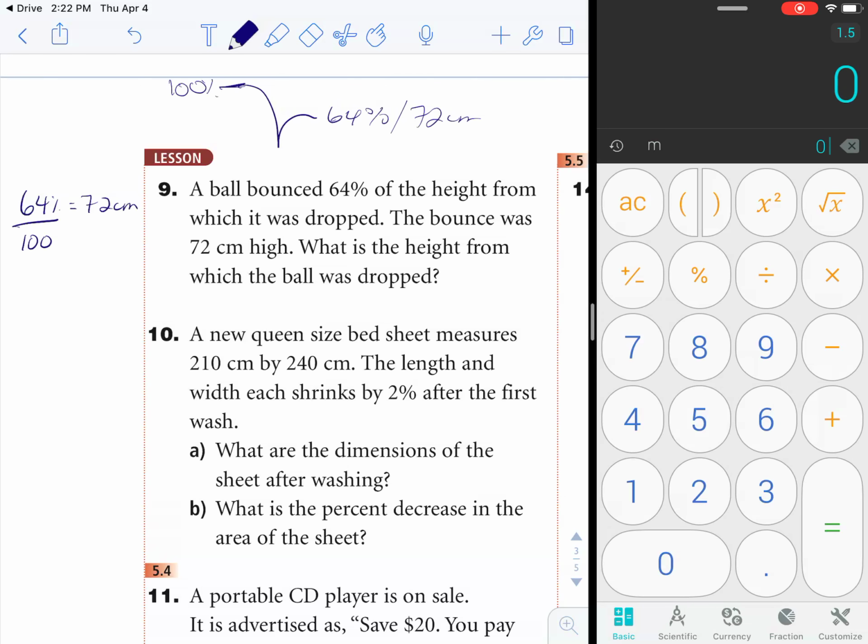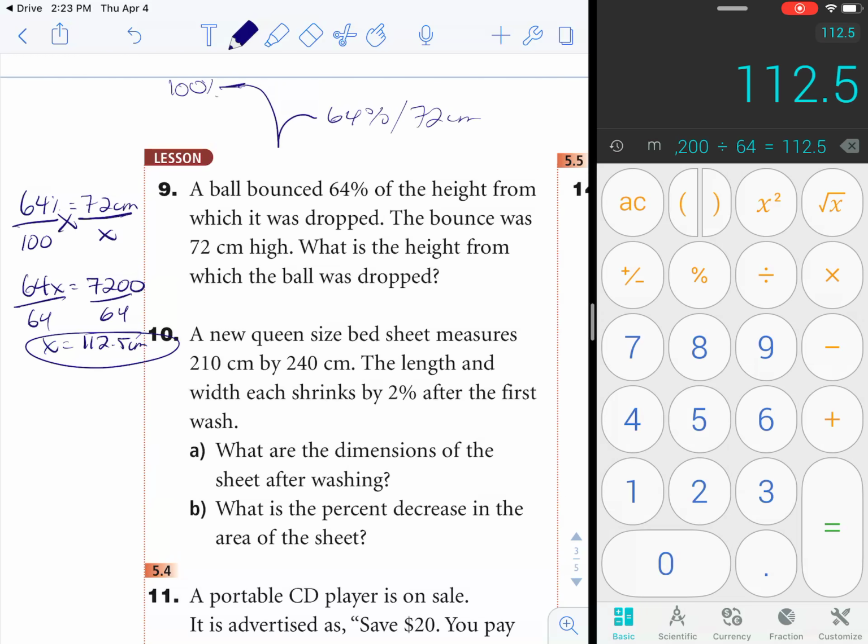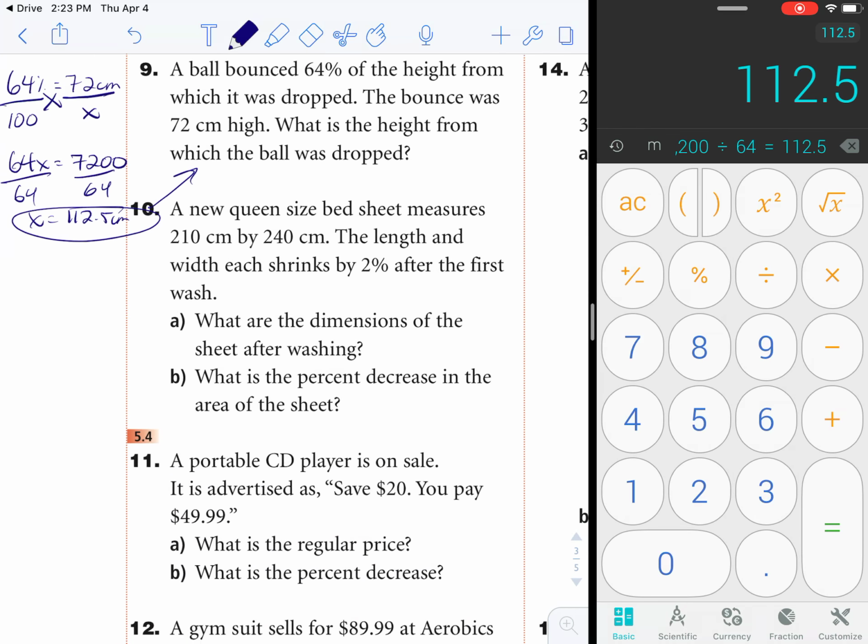So 100% is equal to how high? So then you can cross multiply. 64x is equal to 7200, divide by 64, and the height would be 112.5 centimeters.